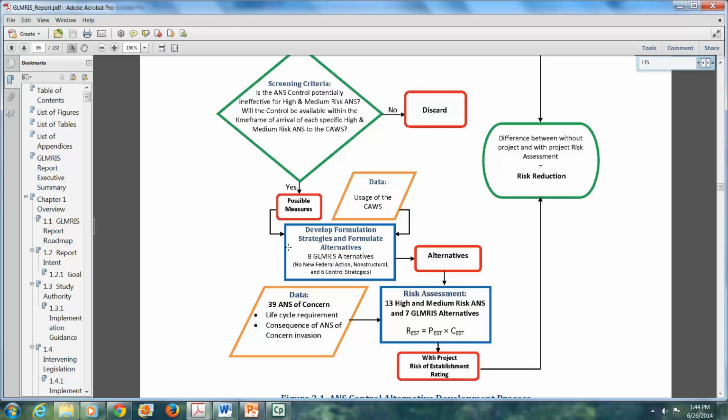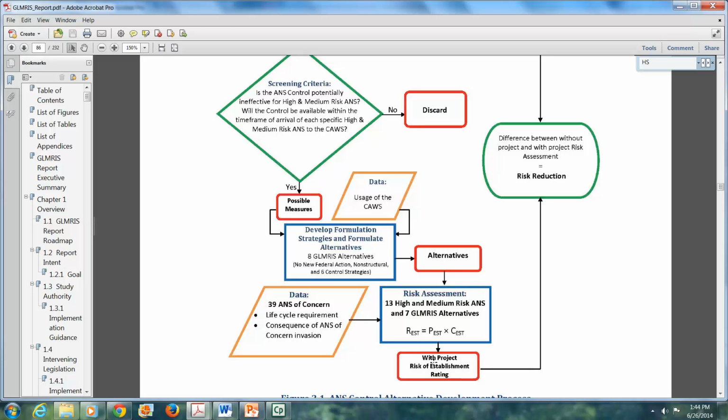They began to develop strategies and alternative risk management options from those possible measures, and came up with the 8 alternatives that we examined in the other video. For each of these alternatives, they reassessed the risk of the 13 high and medium aquatic nuisance species to find out how they would change with the plans in place.